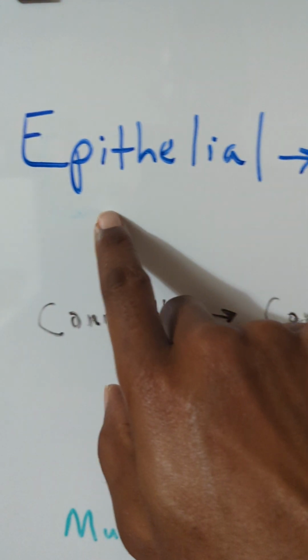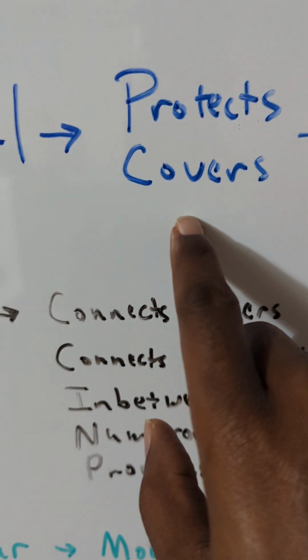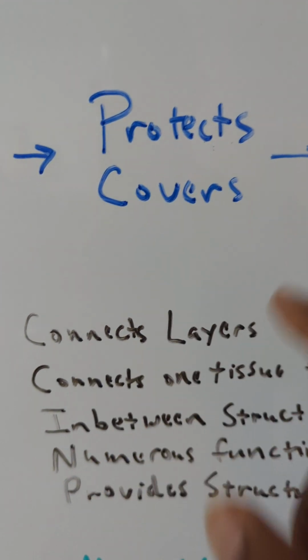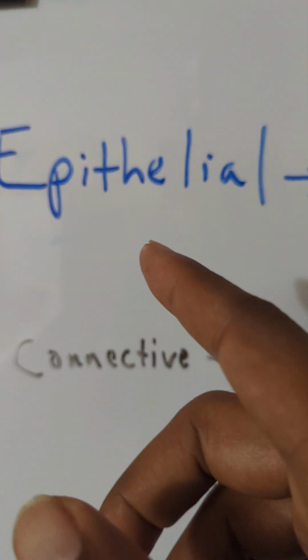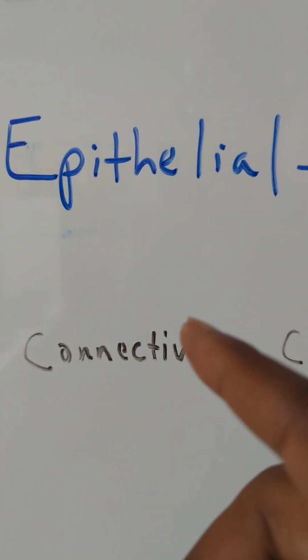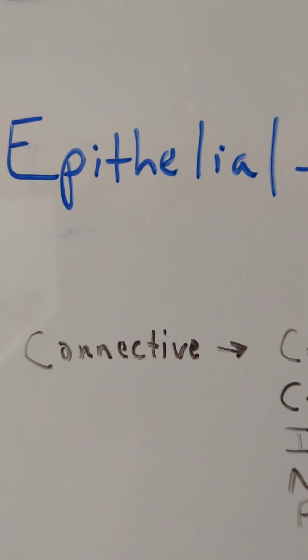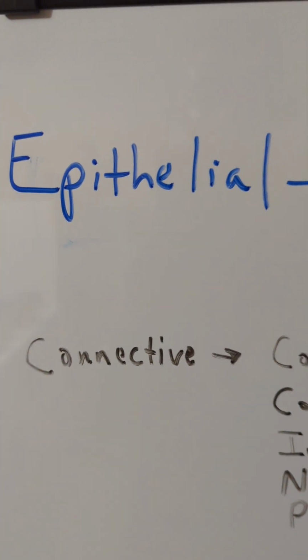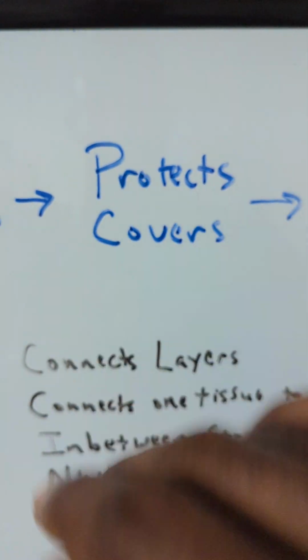Now, epithelial tissue is very specific because a lot of what it does is protects and covers things, right? So when you're thinking of epithelial tissue, think the tile on a floor, or think shingles on a roof. Think of a brick wall. It's either covering something or it's protecting something.